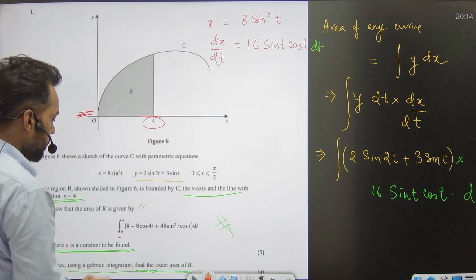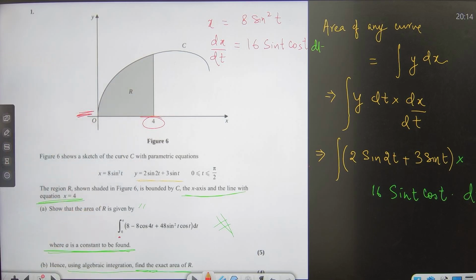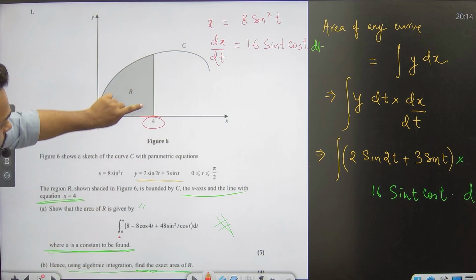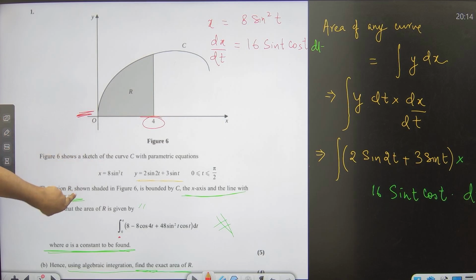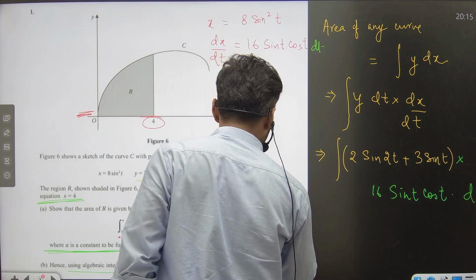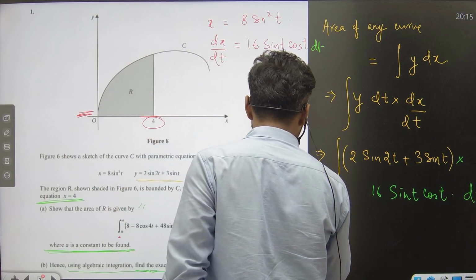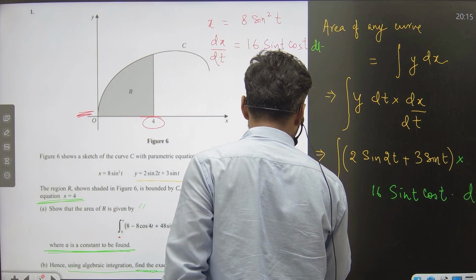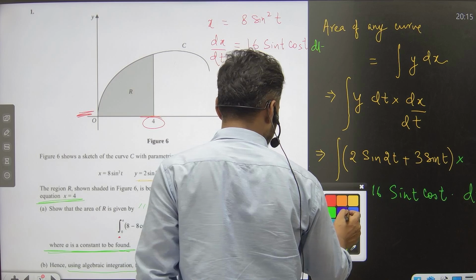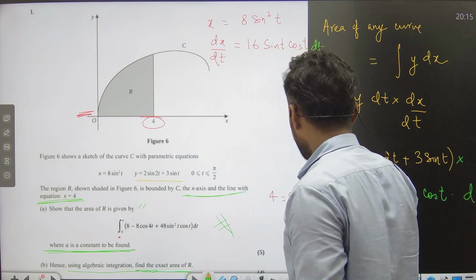So what will be A? The upper limit will be till 4. So we'll be plugging the value of 4 into the x part. So 4 equals 8 sin square a.